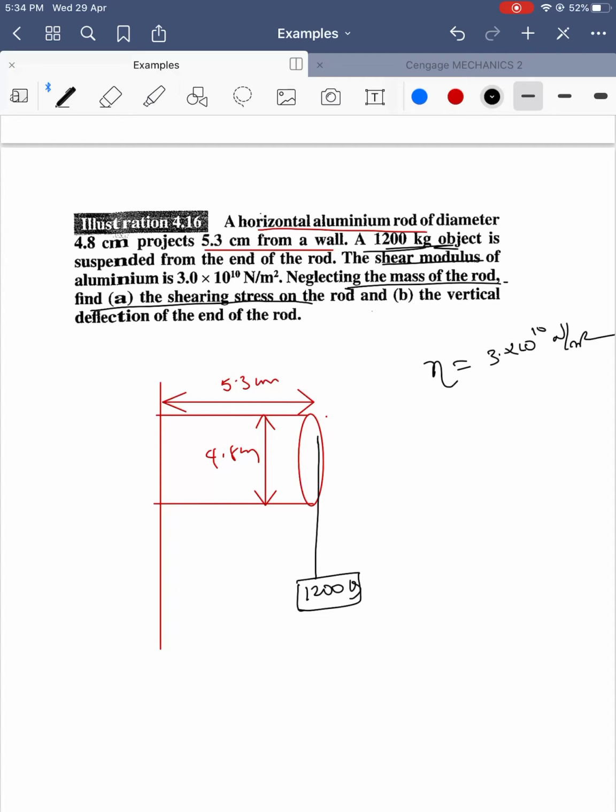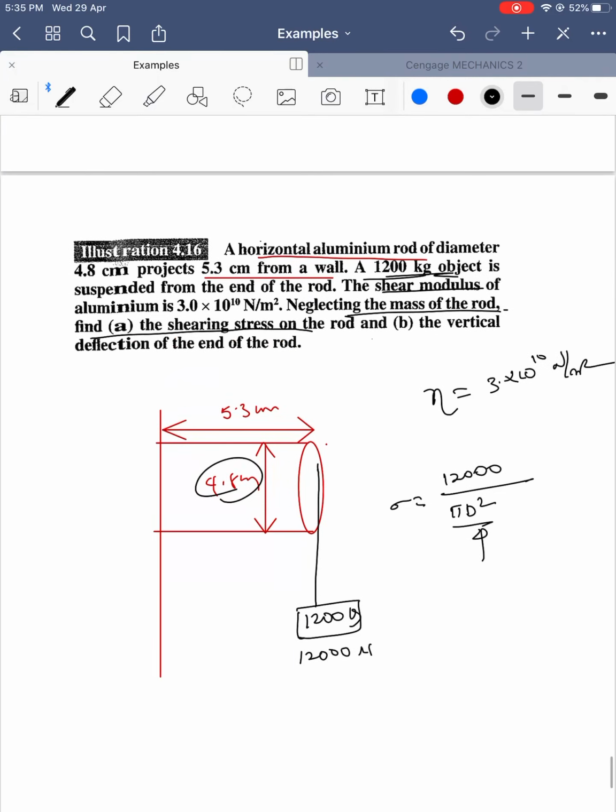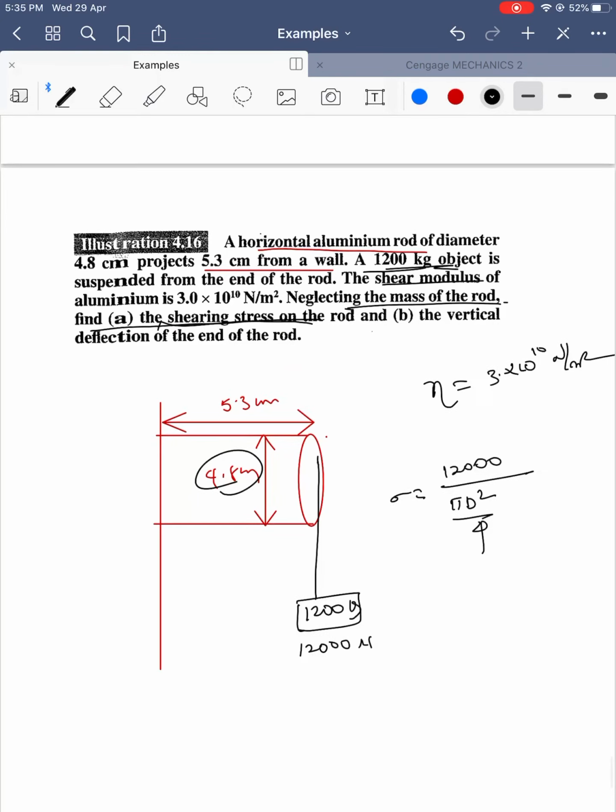If 1200 kg is suspended, what is the force? 12,000 Newton. Sigma is equal to shear stress, 12,000 by area, which is pi d square by 4. The diameter is given.